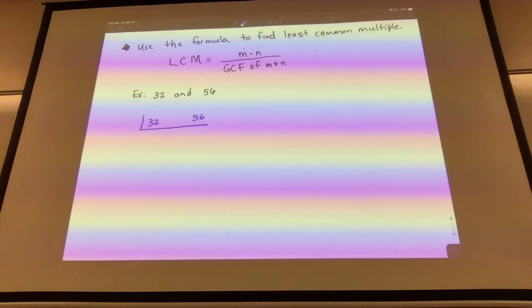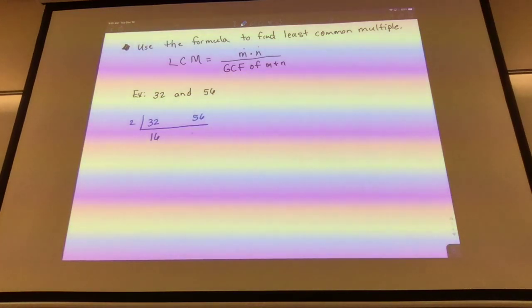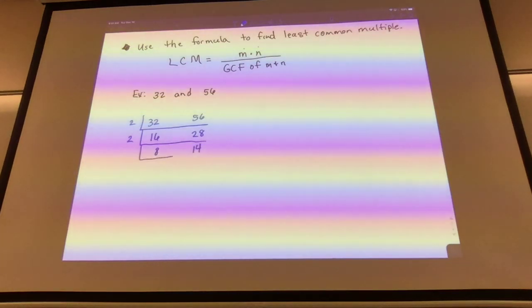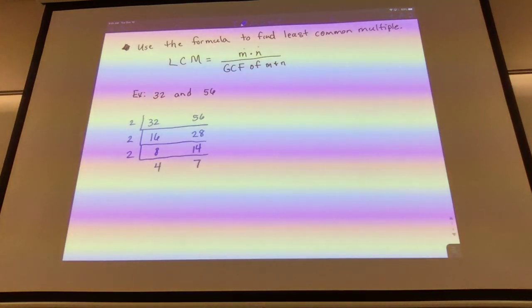All right, let's divide by 2. So that's 16 and 28. Even again, so divide by 2, 8 and 14. Even again, divide by another 2, 4 and 7.